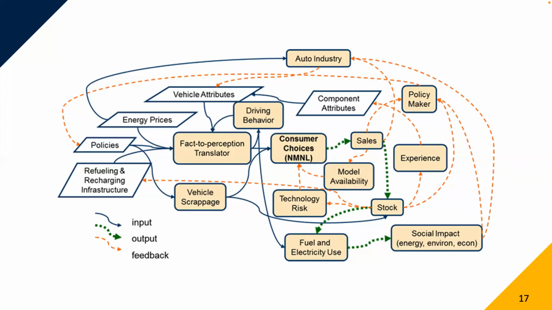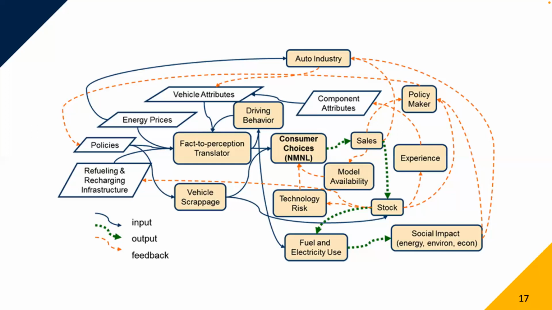So what you can do in the consumer choice here is it takes in all of these things about vehicle attributes, energy prices, policy. So this might even be things like incentives for electric vehicles, and then availability of refueling and recharging infrastructure, like how hard is it for me to refuel? How long does it take?